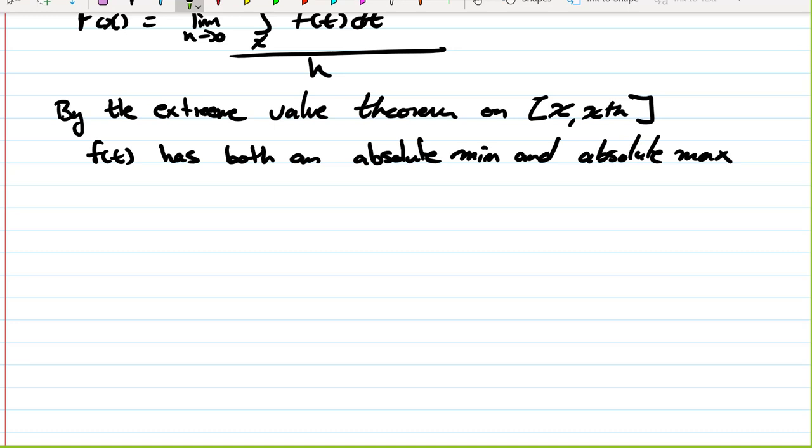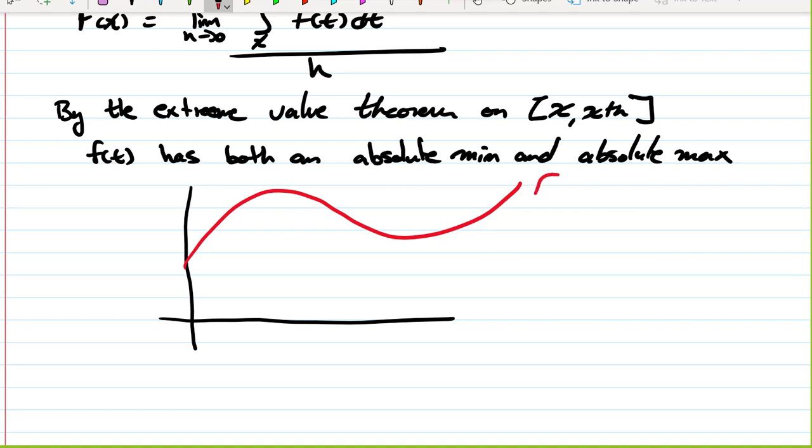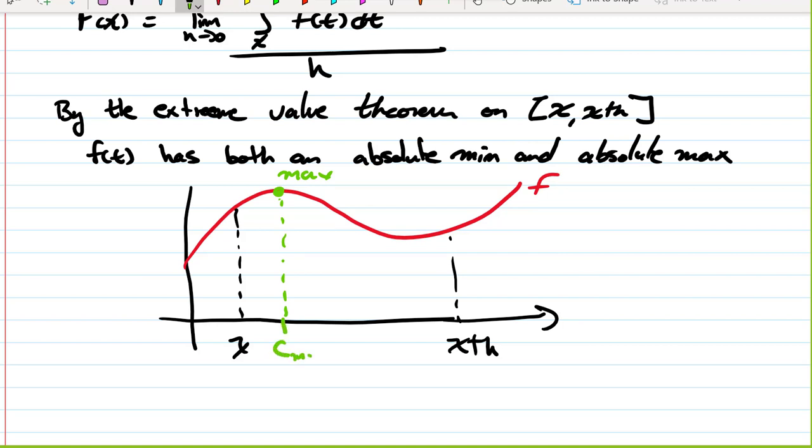So we know that there exist two different inputs in x to x plus h. Let me draw another picture to help illustrate. So we have f. We'll call this x, and we'll call this x plus h. Then this point right here would be our max. So there's going to be some input, and we'll call that C max.